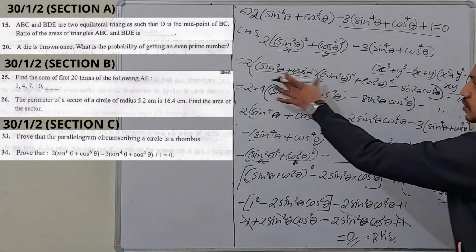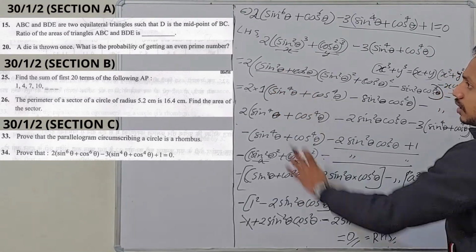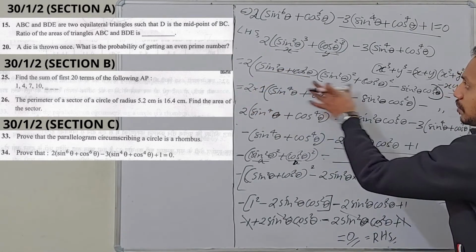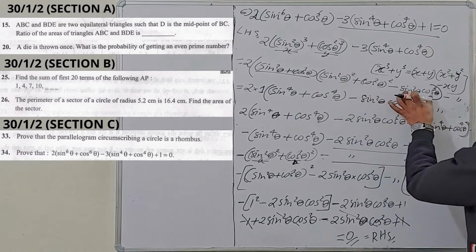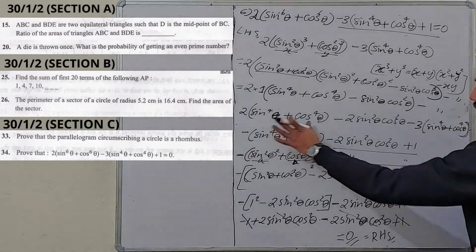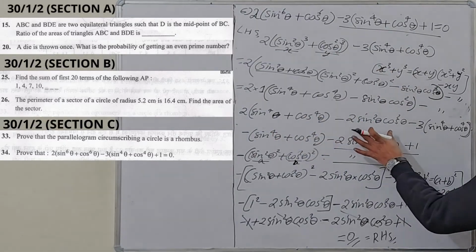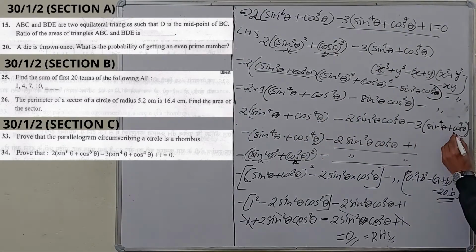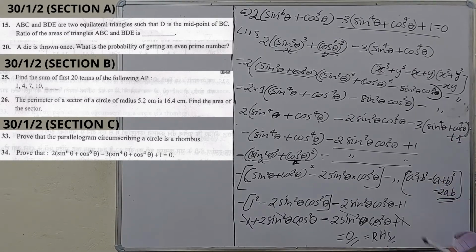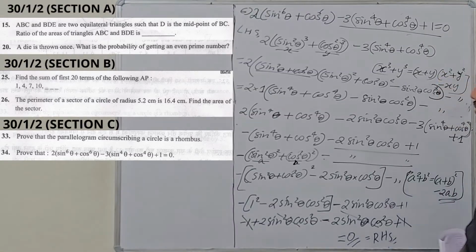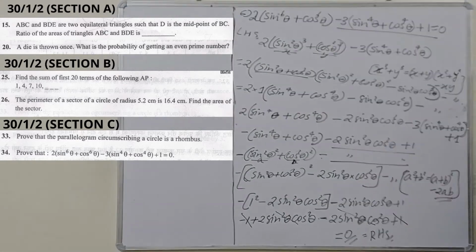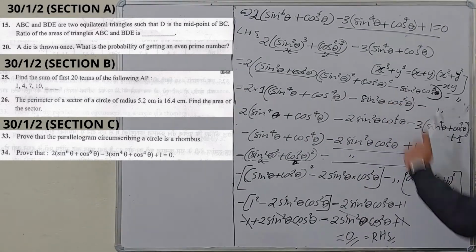Then here also we expanded this one. 2 into sine square cos square theta is 1, so that we apply, and this we expanded to here. The same term, this term we are not writing here. Then come here. In this step we have written this term here. Plus 1 also is there. Okay, plus 1. Then we have solved like this. So 3 identities we have used here. One is sine square theta plus cos square theta, that is a trigonometric identity, and the other 2 are algebraic identities.